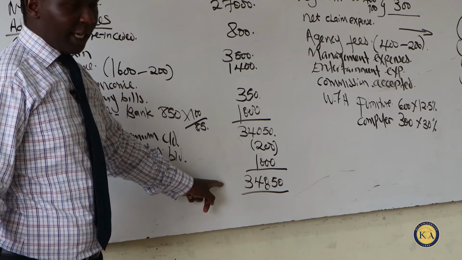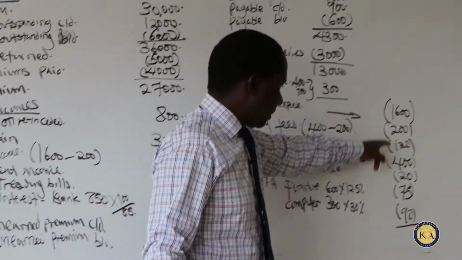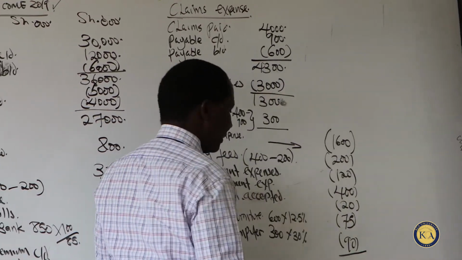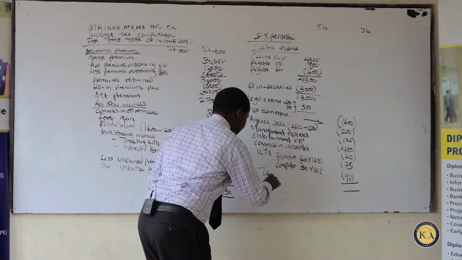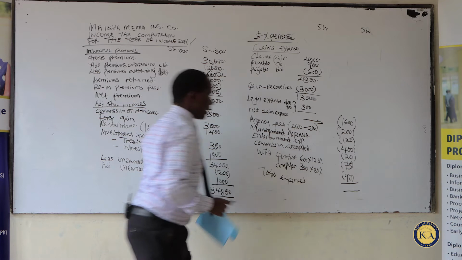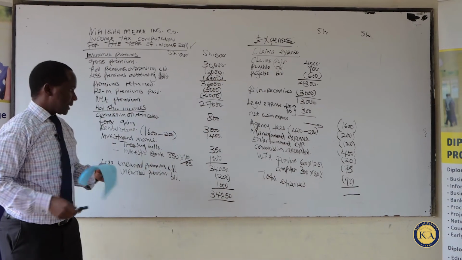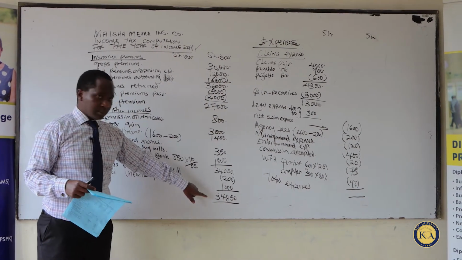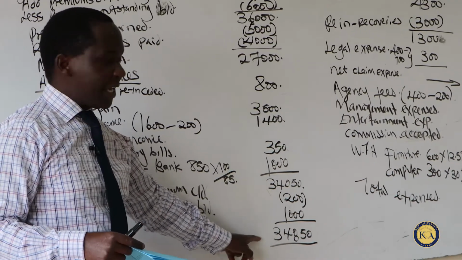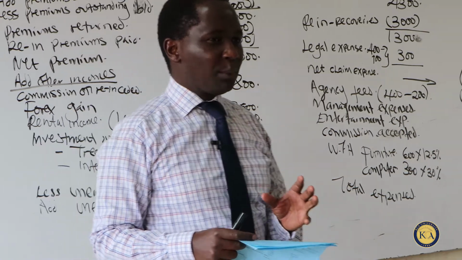This is our total income, and these are our expenses. So I can determine the total of my expenses, and then let me put that total over there, total expenses. Then from total expenses, I'm going to deduct it from the total of my income, and that will give me my taxable income.